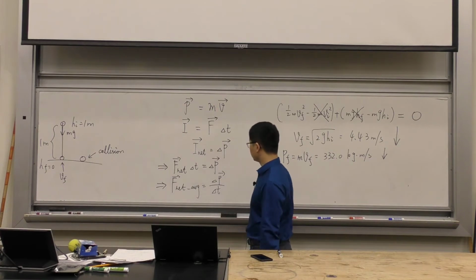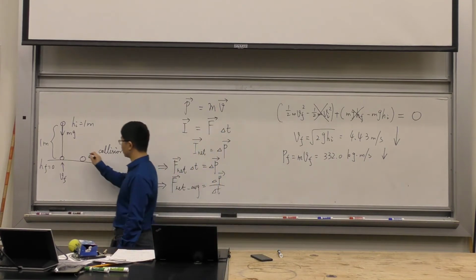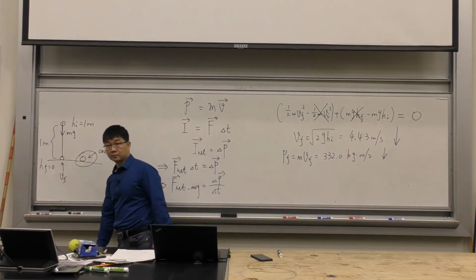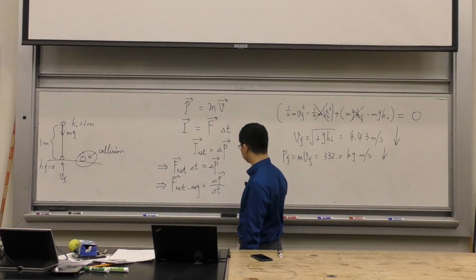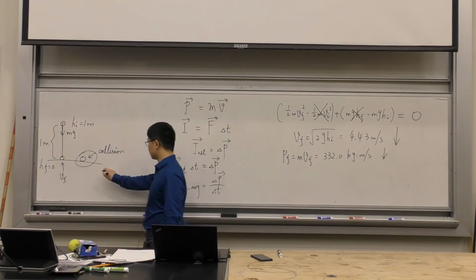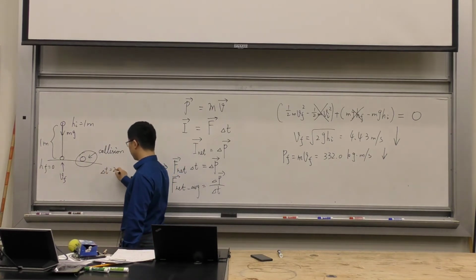Okay, so now we're going to switch to the second process, the collision. Now the time the problem tells us is 2.6 milliseconds, so that's the delta t in the second process. You see that it's a very, very short process.